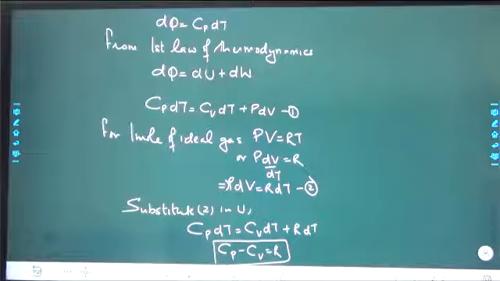If the gas slowly expands from volume V1 to V2, pressure will decrease from P1 to P2.